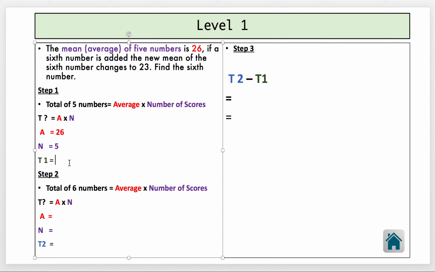So, what we're going to do is 26 times 5, which will give us an answer of 130.